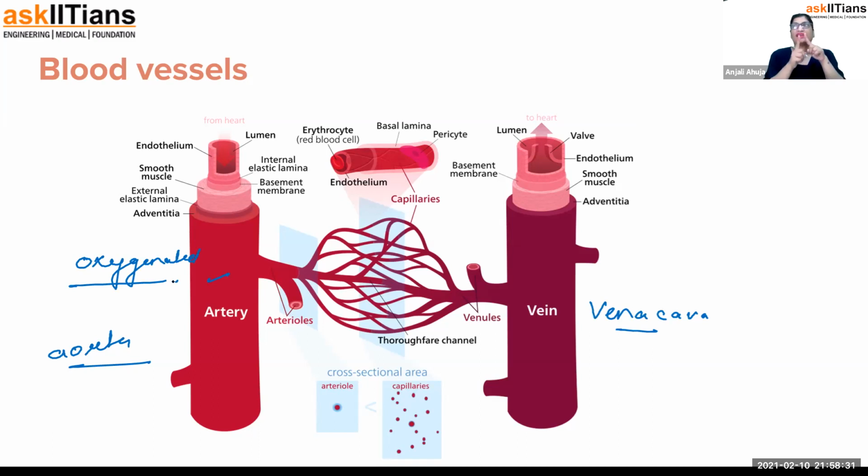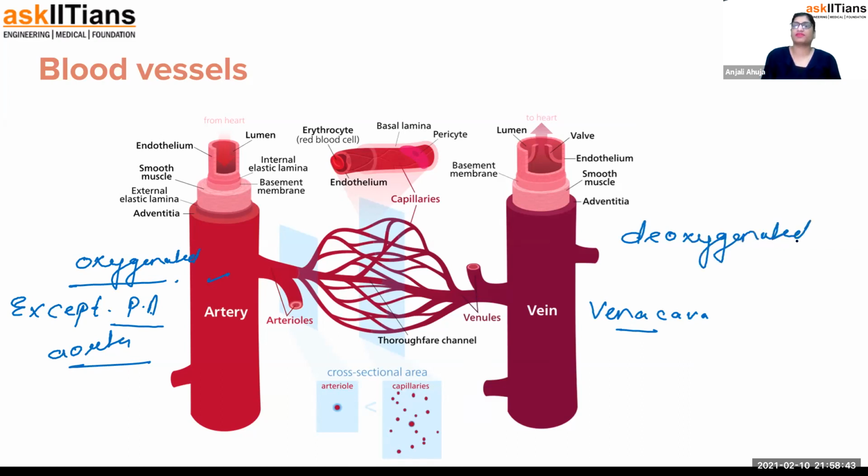Pulmonary artery was taking blood from heart to lungs. That's having deoxygenated blood, except pulmonary artery. Here, all the veins used to have deoxygenated blood, except pulmonary vein. That's taking blood from lungs to the heart again, which is pure, which is oxygenated.